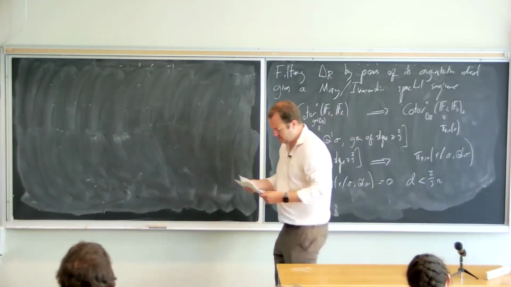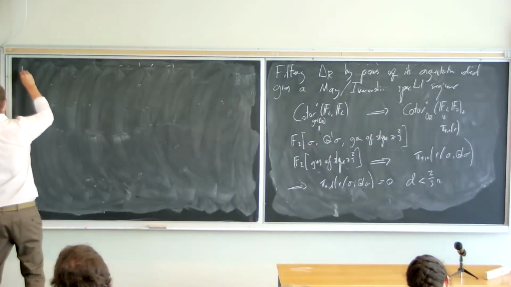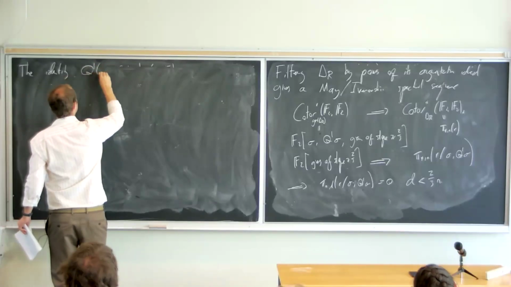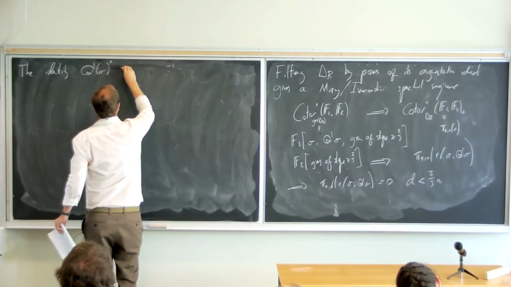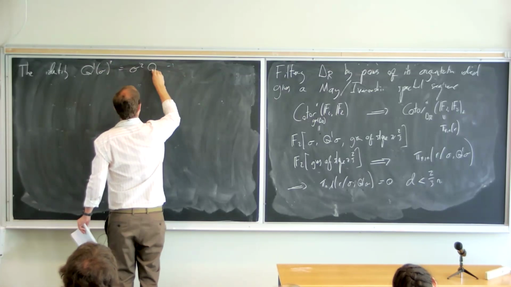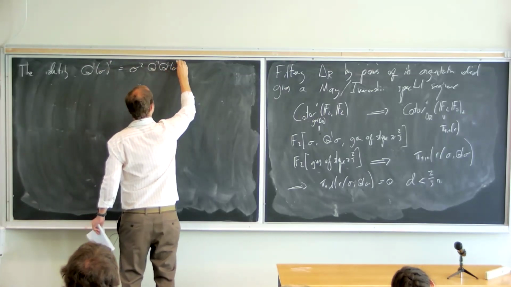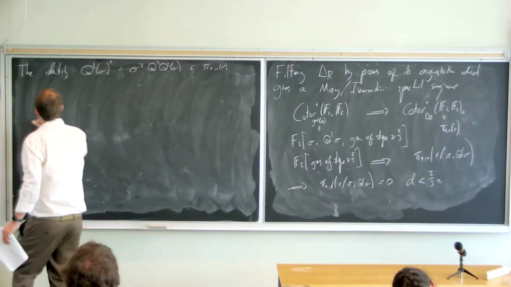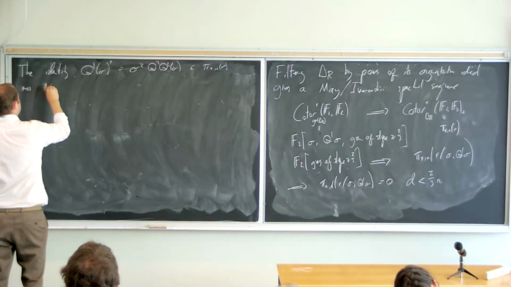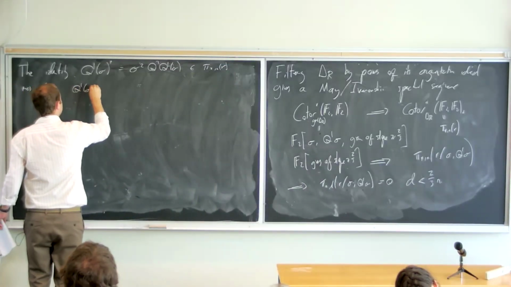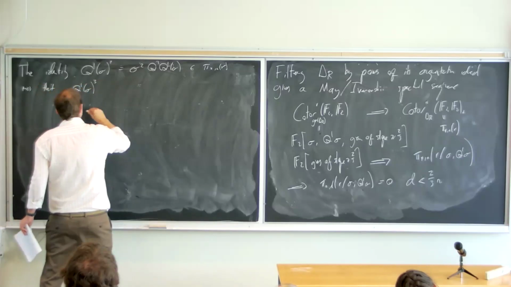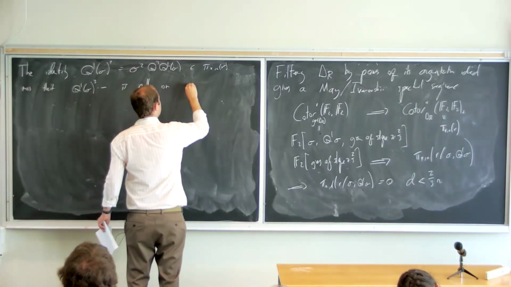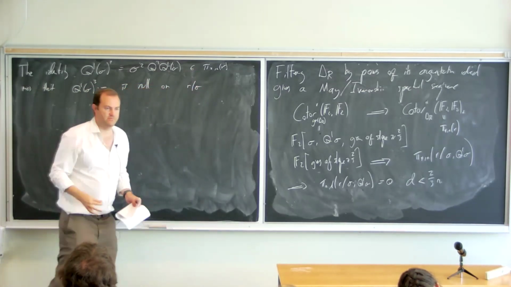So the identity Q1 sigma cubed is sigma squared of something. It doesn't really matter what the something is, but it happens to be this. It means that multiplication by Q1 sigma is null on the object R mod sigma.